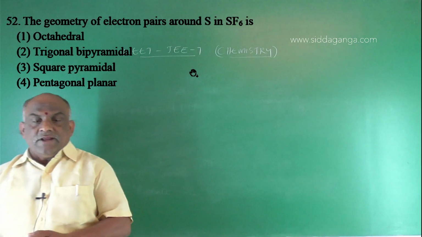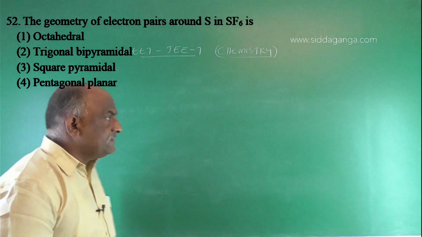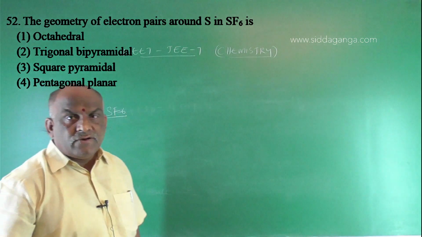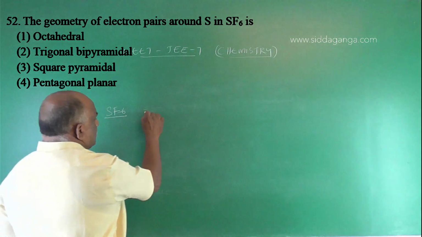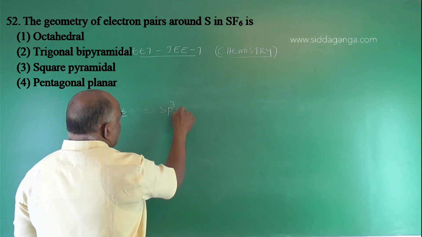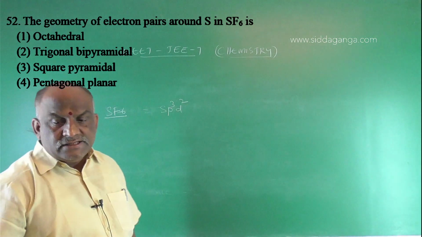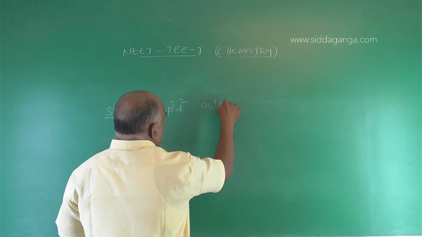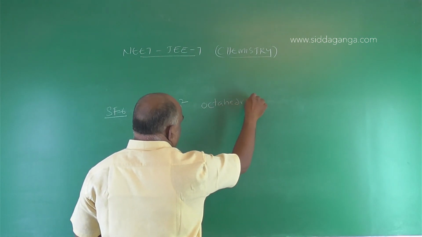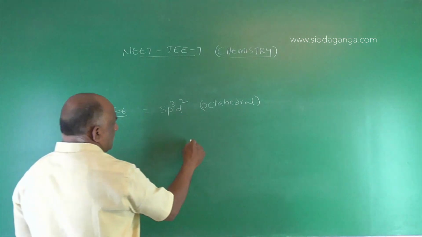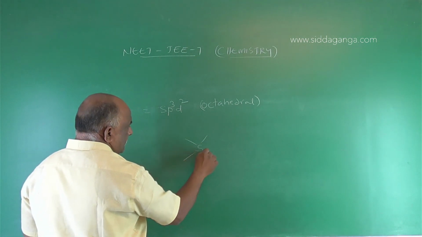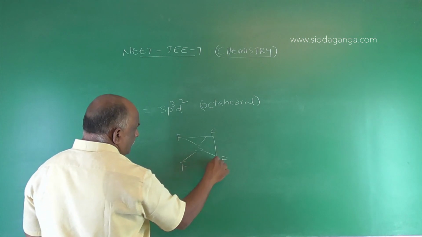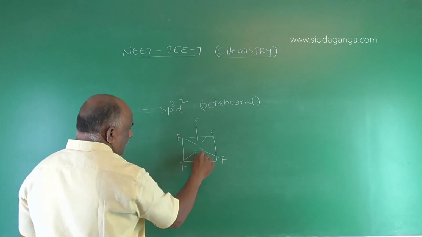The geometry of electron pairs around S in SF6. Sulfur hexafluoride: the sulfur atom undergoes sp3d2 hybridization, and with sp3d2 hybridization the geometry of the molecule will be octahedral. In sulfur hexafluoride, the central atom is sulfur, and the fluorines are at the corners of the square, with one fluorine on top and one at the bottom.